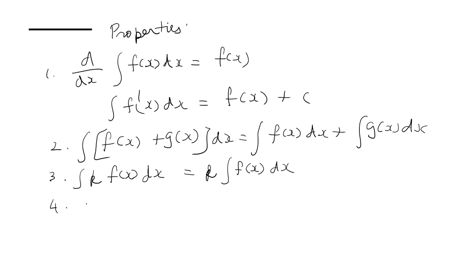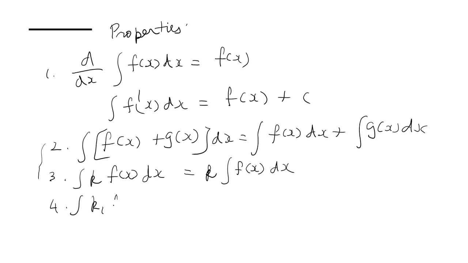The next one is we can combine these two and extend for n functions. Now let us say k1, k2 up to kn are n real numbers and f1, f2 up to fn are n functions.